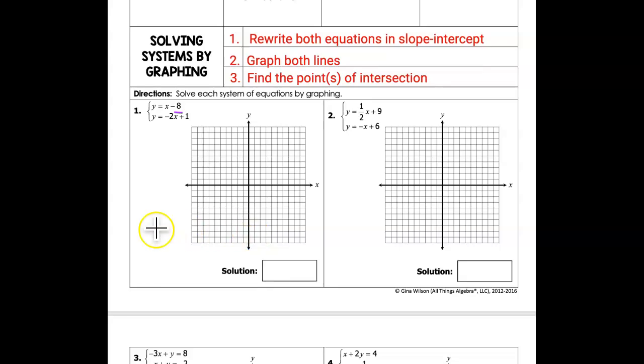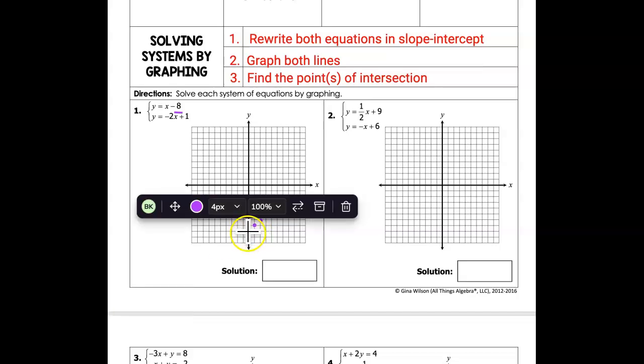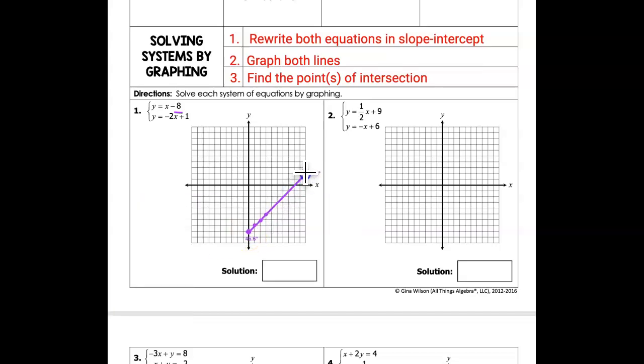And then our slope is 1. So from that -8, we'll go up 1 over 1 to make a couple more points. And then we just draw a line that goes through our points. So there's our first line.